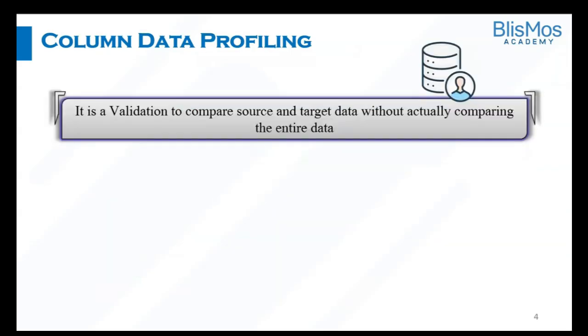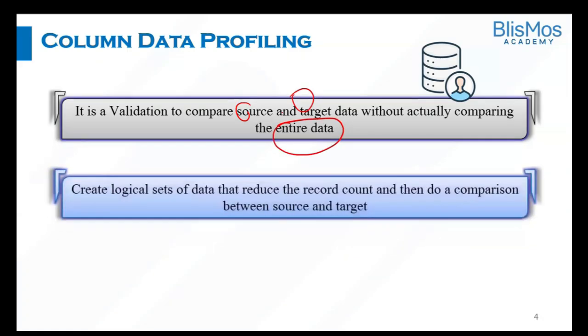In column data profiling, we'll compare the source and target data without actually comparing the entire data. What do we do then? What we'll do is we'll create the logical sets or subgroups from the whole data set and reduce the number of records from the bigger group, and then do a comparison between the source and target.